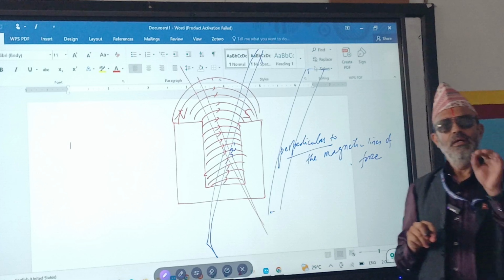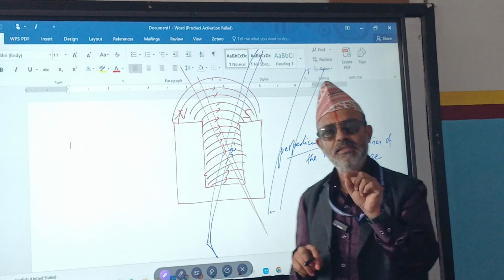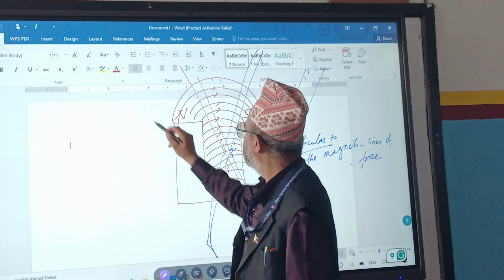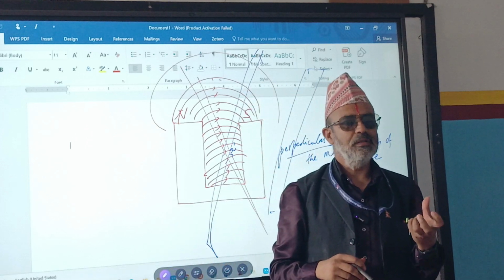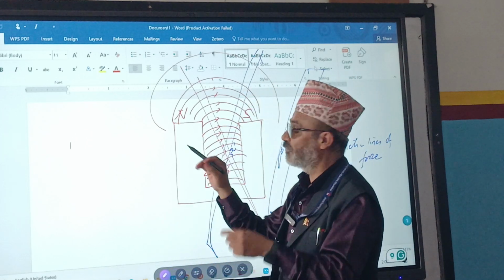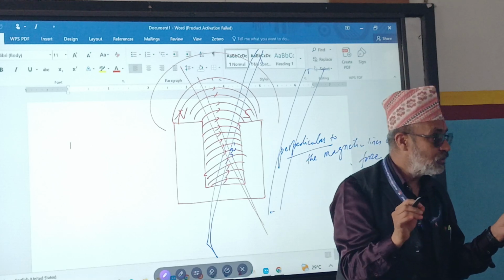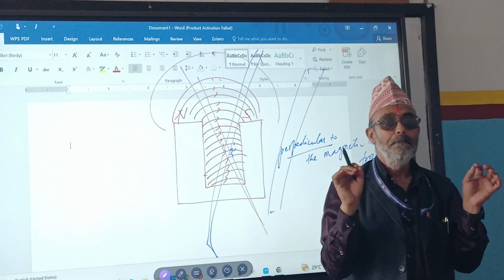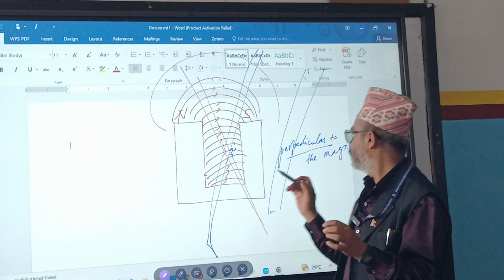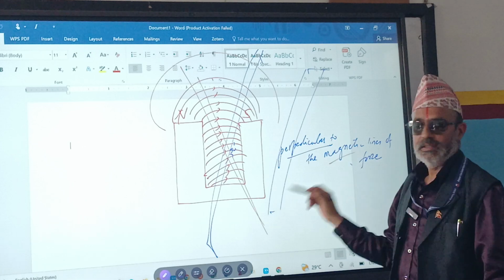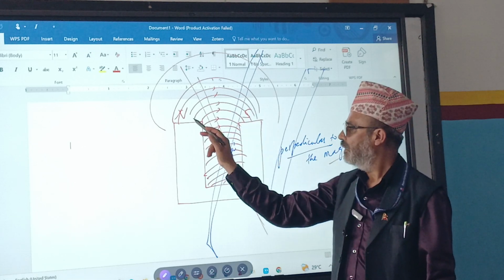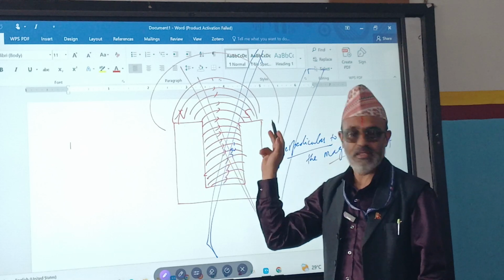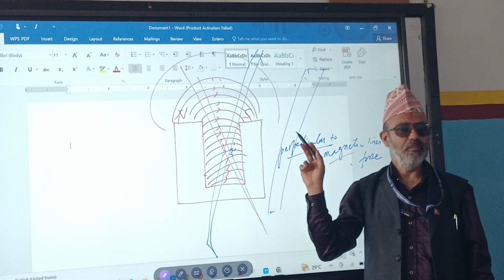So that's why, when a conductor is placed in the magnetic field, meaning the region around the magnet up to which it can attract magnetic materials, and inside the magnetic field there are some imaginary lines, those imaginary lines are called magnetic lines of force. They are always curved. They do not intersect. They start at the North Pole and end at the South Pole. These things you have to remember.